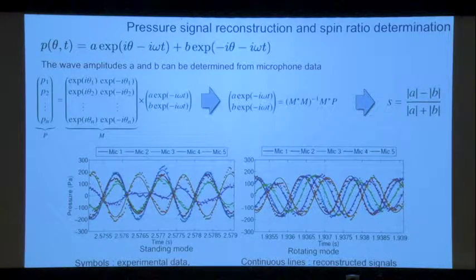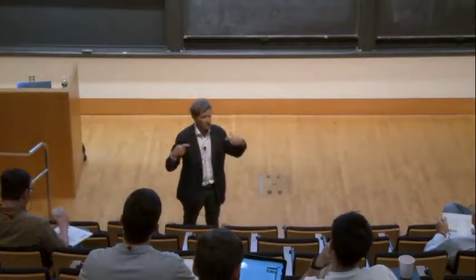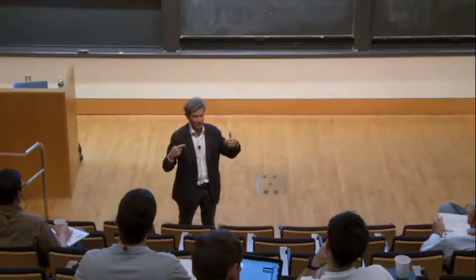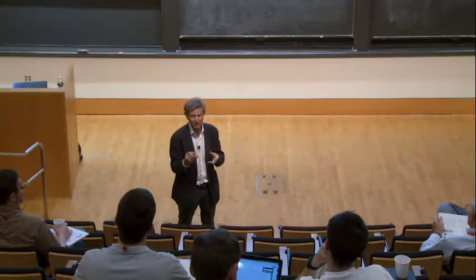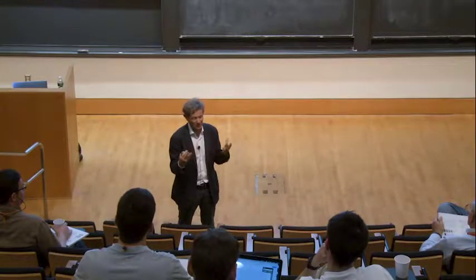And you can write that down for all the microphones. To do these calculations, to do what I'm showing here, you need to use the Hilbert transform to reconstruct fully complex signals.